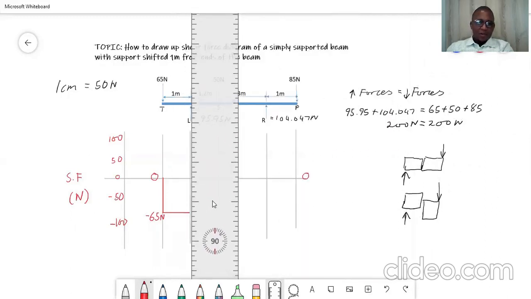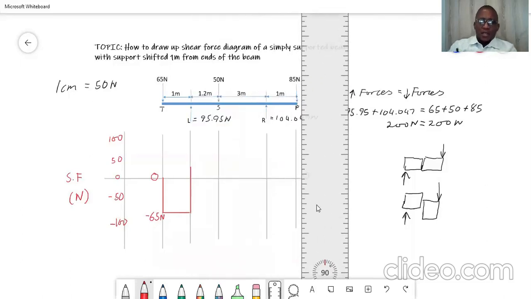People, make sure that you position your ruler correctly. And then we have got this starting from here till somewhere there, right? And then you must write the magnitude also, which is 30.95 newtons, right?